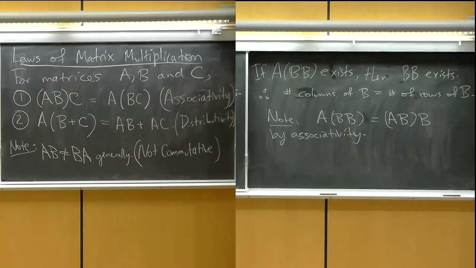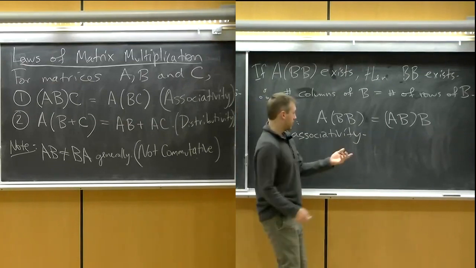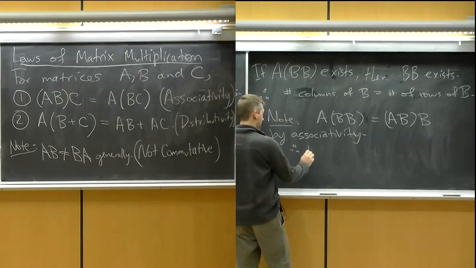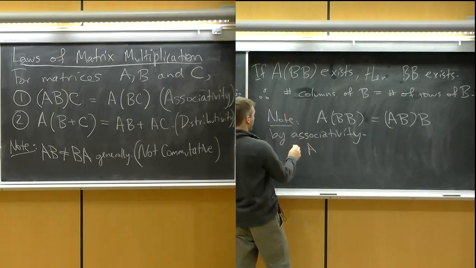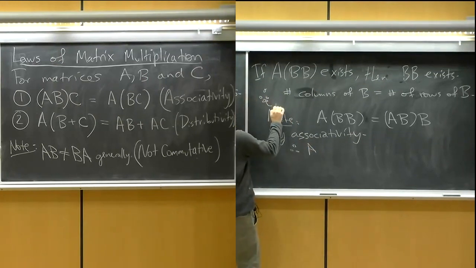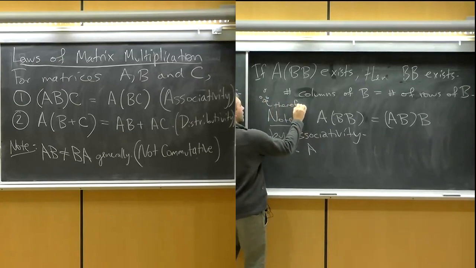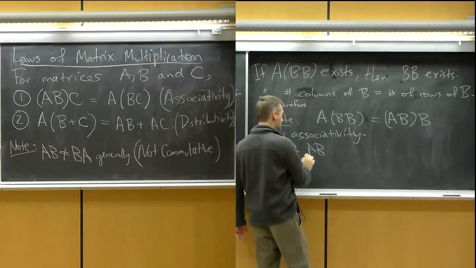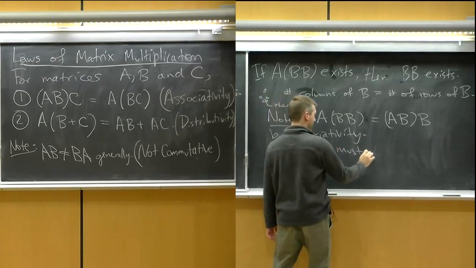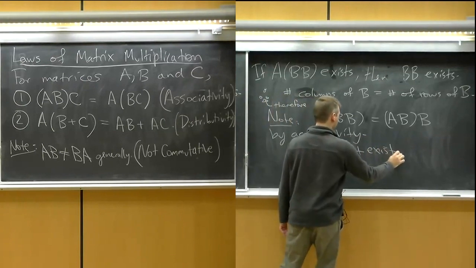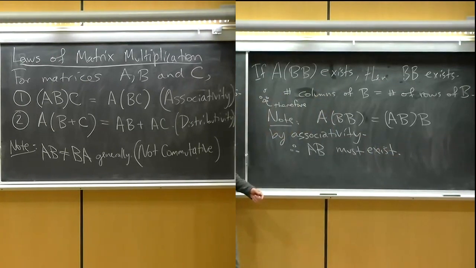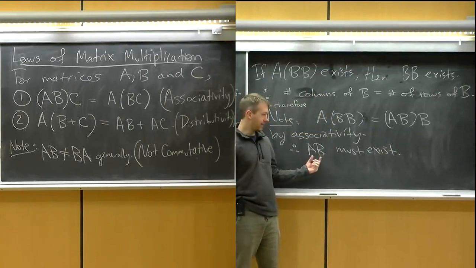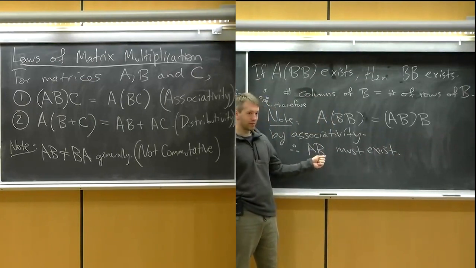I can move the brackets around. So therefore, A times B must exist, which tells me that if AB exists, then the number of columns of A must equal the number of rows of B.